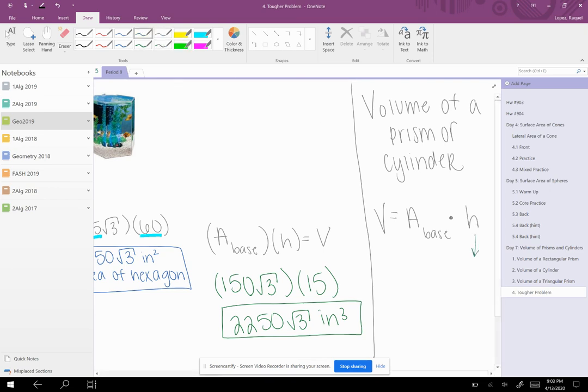The height in this case is going to be the distance between the two bases. Because in a prism, we always have two bases. Pyramids only have one base, and we'll take a look at that in a different video. But for right now, that's all I have for you guys.